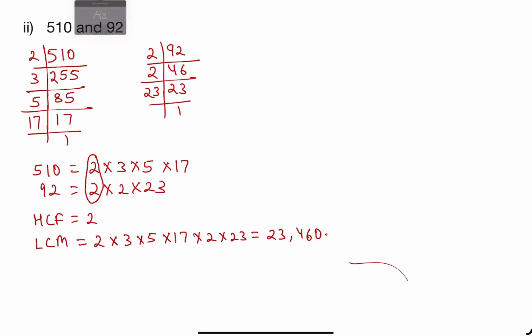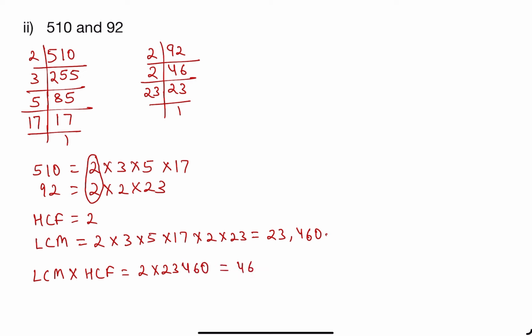Now, you have to find the product of HCF and LCM. So 2 into 23,460. Then it will come 46,920. I am not showing you calculations, otherwise the video will go long. You have to do it in rough, okay? Now product of given numbers.